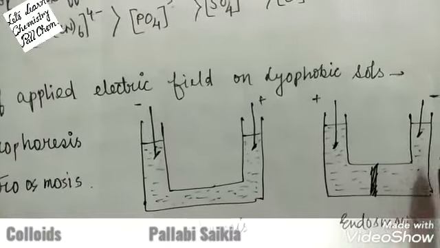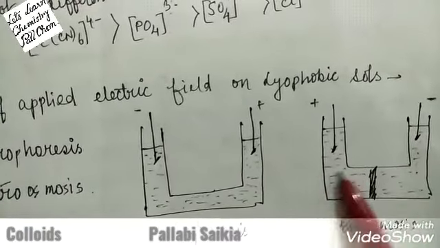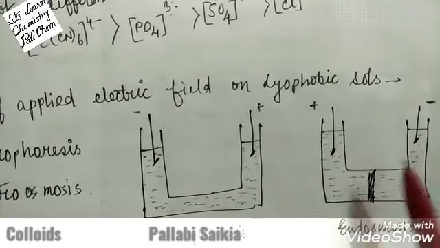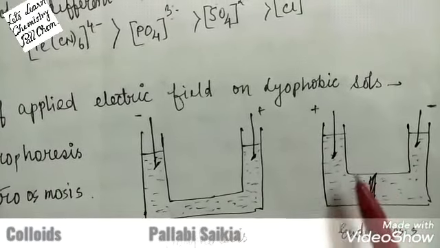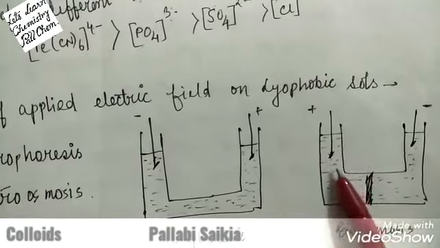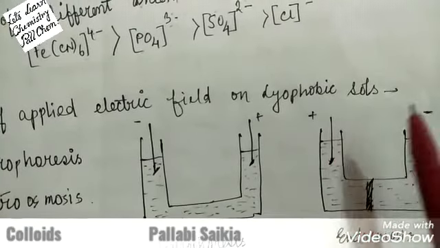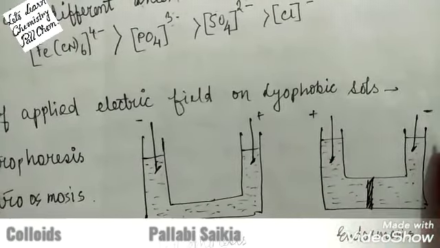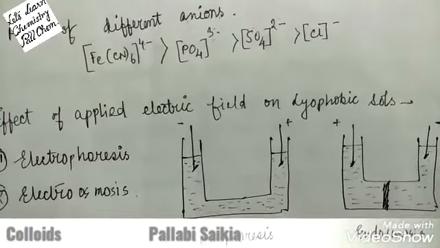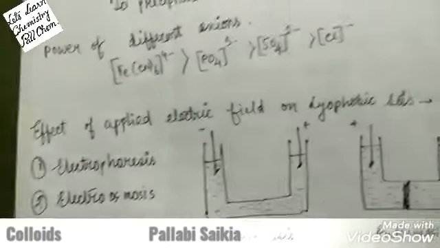The dispersion medium moves through the membrane, and the negative charge will move to the positive electrode, and the positive charge will move to the negative electrode. This is called electro-osmosis.